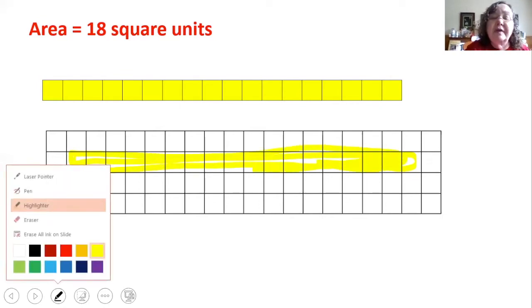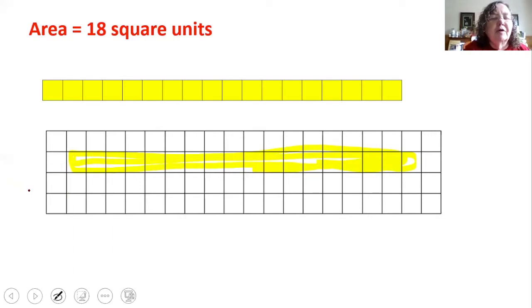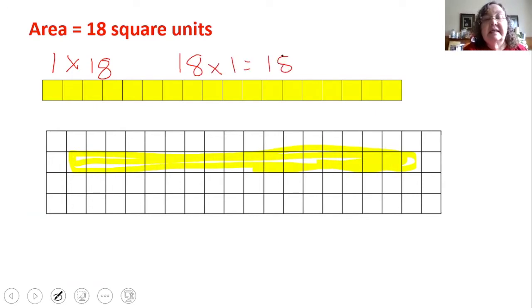So let me think first, because I said that word array, let me think first about what the multiplication sentence is that I see in this array. Well, I see 1 times 18, or I could say 18 times 1, and they all equal 18, right?